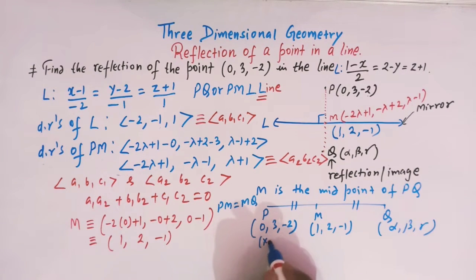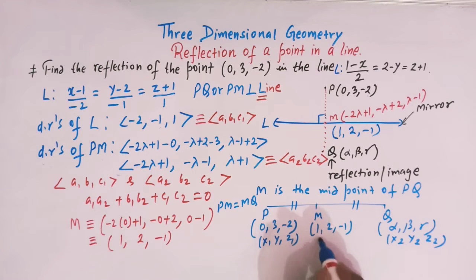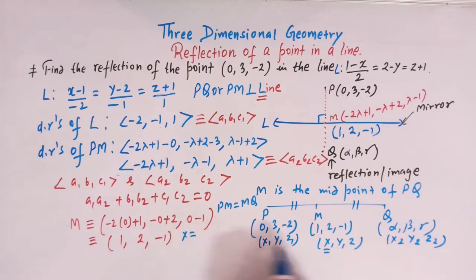If we take this point as x1, y1, z1, this as x2, y2, z2, and this as x, y, z, then x is x1 plus x2 over 2. So x is the average of x1 and x2, y is the average of y1 and y2, and z is the average of z1 and z2.